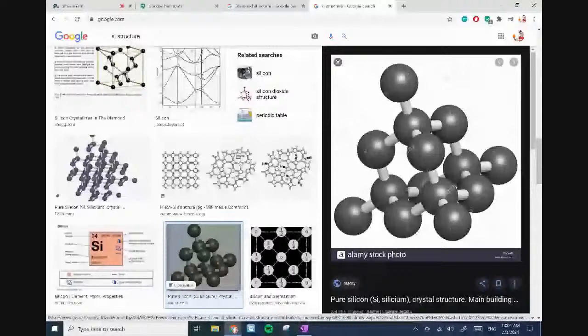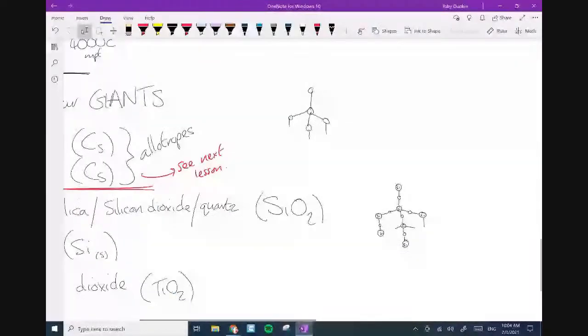They've all got crazy high melting points. Diamond, 4,000 degrees. Graphite, 4,000 degrees.